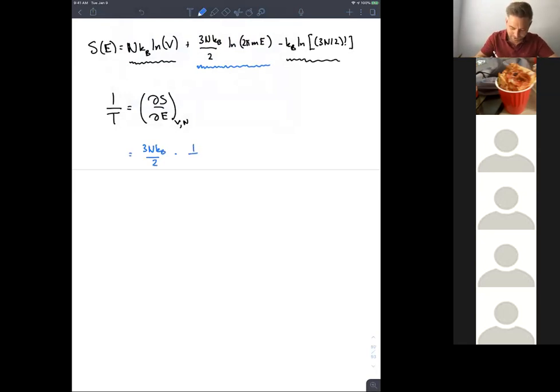So we get 1 over 2 pi me. And then the chain rule tells us you got to take the derivative of the argument of the logarithm, and so you get 2 pi m. So 2 pi m cancels. And so what I get is that 1 over the temperature is equal to 3n kb over 2e.